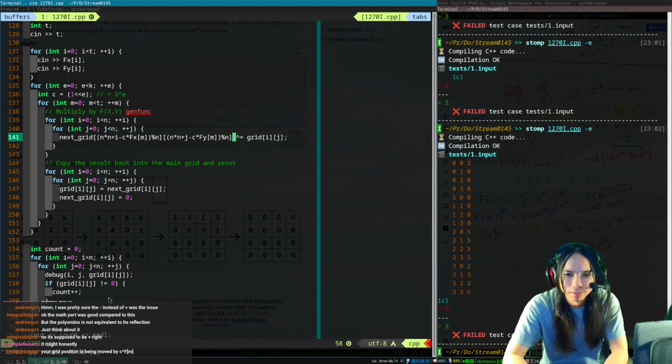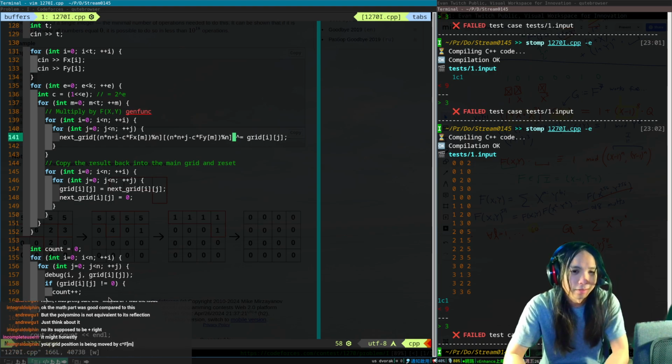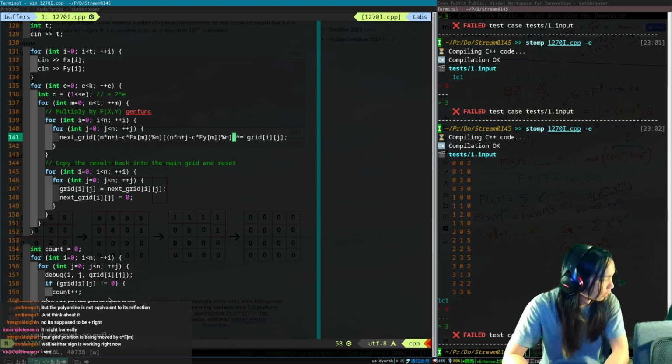It's supposed to be plus? No, what? No, it is minus. Because the next grid represents what's happening when you're multiplying.